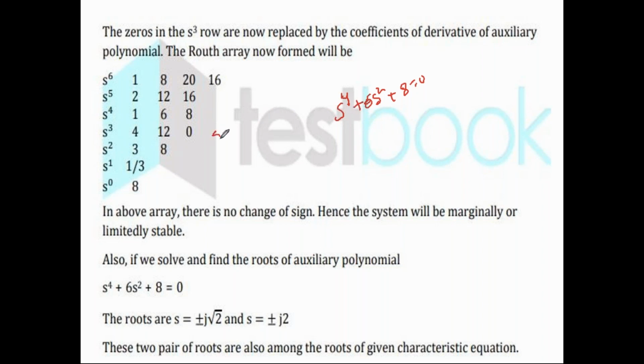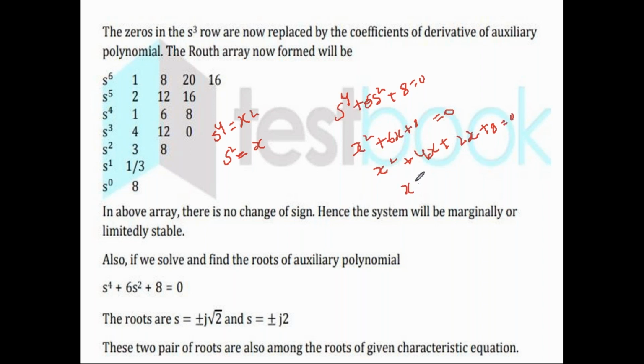సో ఐఎమ్ గోయింగ్ టు బి సబ్స్టిట్యూట్ s power 4 is equals to s square and s square equals to x. So we will get x square plus 6x plus 8 equals to 0. 6 is 4 plus 2, right? So you will get the equation x square plus 4x plus 2x plus 8 equals to 0.